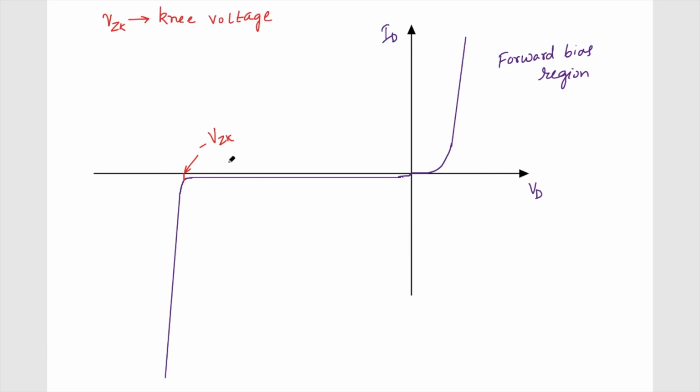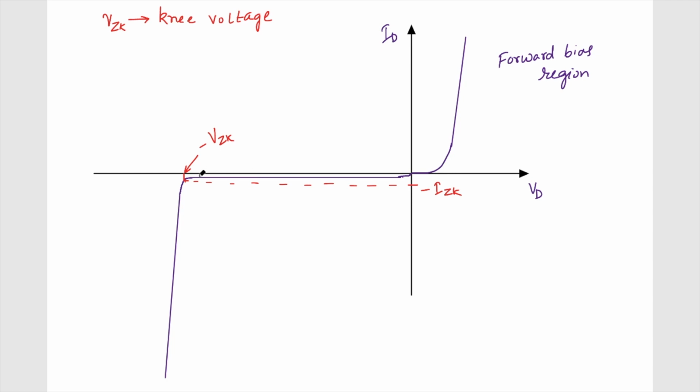This is the voltage where suddenly the diode in the reverse bias region will start conducting a huge amount of current. You can see that at this voltage there may be a slight increase in the current. The current corresponding to this VZK is minus IZK, also called the knee current.